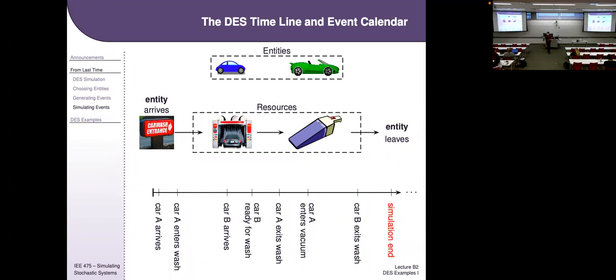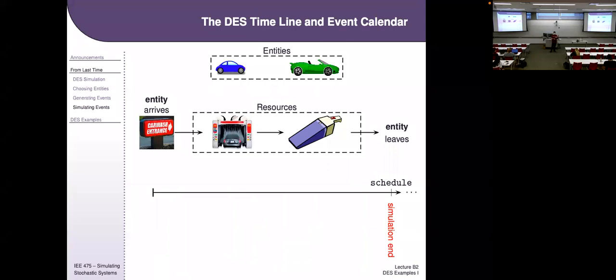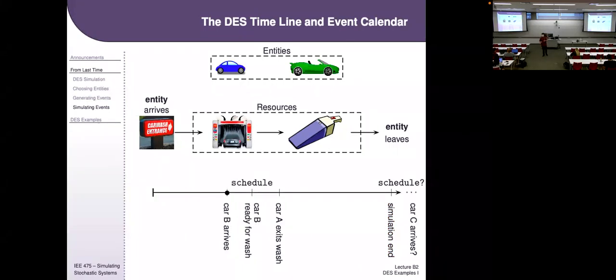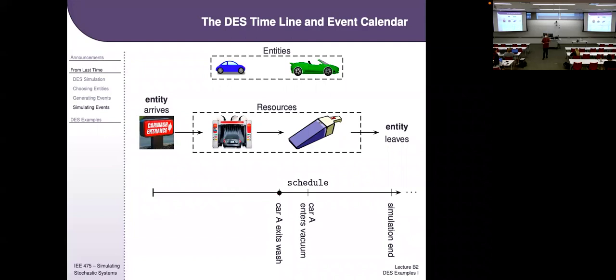If you know the activities and how things connect together, you can start with an empty timeline, schedule the end of your simulation, and then walk through and generate every event just by drawing activities from these lists, drawing service times, et cetera.